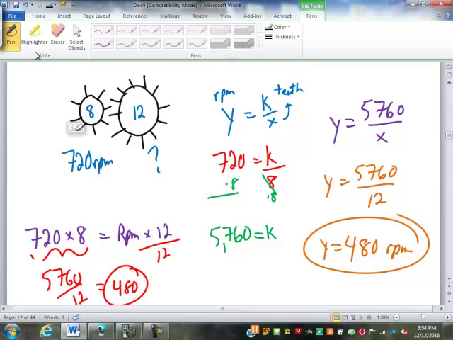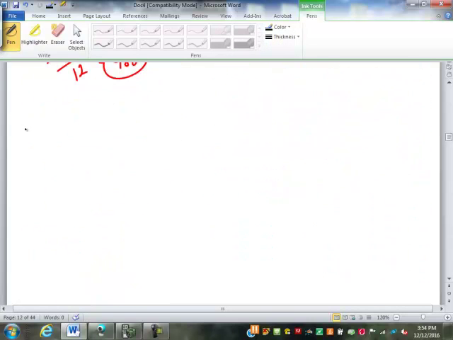Another example is a lever. For a lever, the further you are away from what you're lifting, the less force it takes to lift it. So let's say that you are lifting a rock.